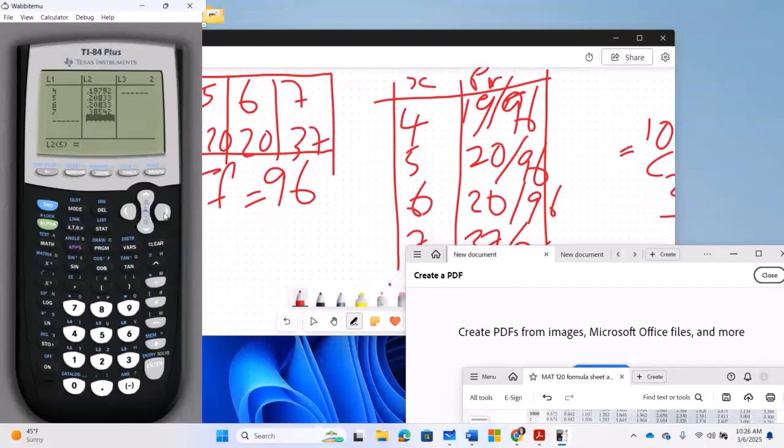I'm told to find the mean, and I'm told to draw the graph. So let me first of all draw the graph. Second, stat plot. Hit enter. And then I'm going to draw a line graph. I am going to draw it like a histogram, but it's still going to be a line graph.